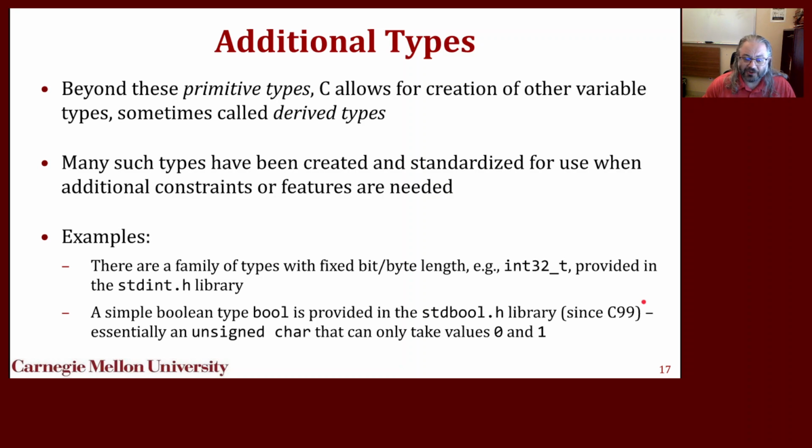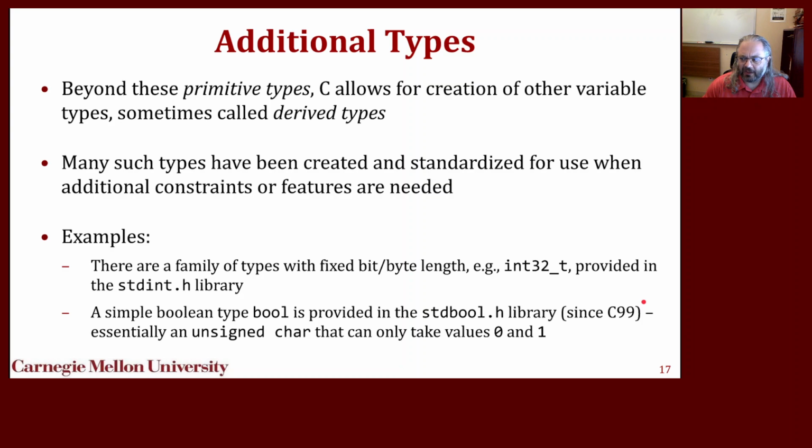Because the different integer types are not fixed across different computers, that creates challenges for writing code. So there's an entire family of integer types that have been derived with fixed bit length.